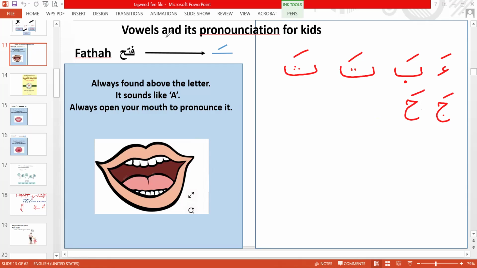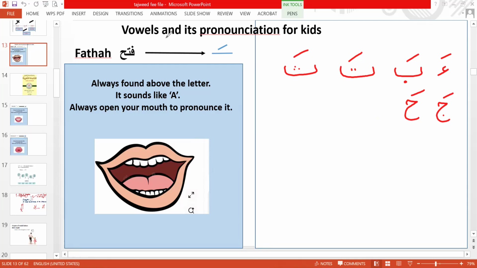So you have to remember that to pronounce any letter with a fatha, the mouth should always open. Fatha always comes at the top of the letter and it sounds like a.